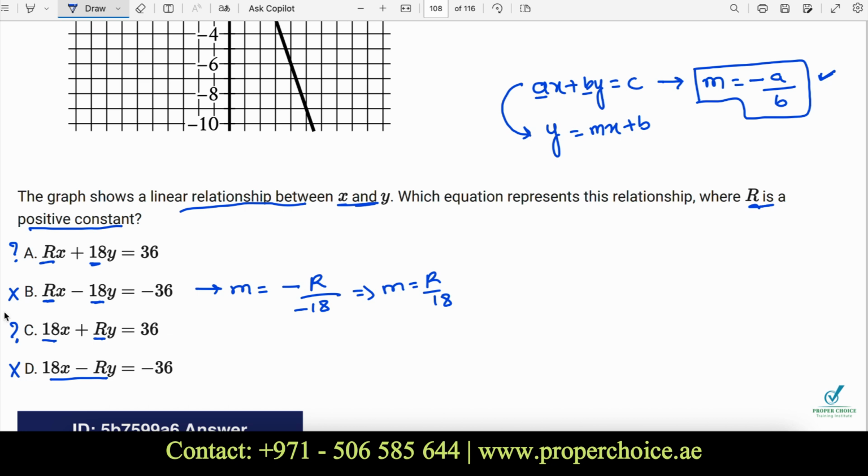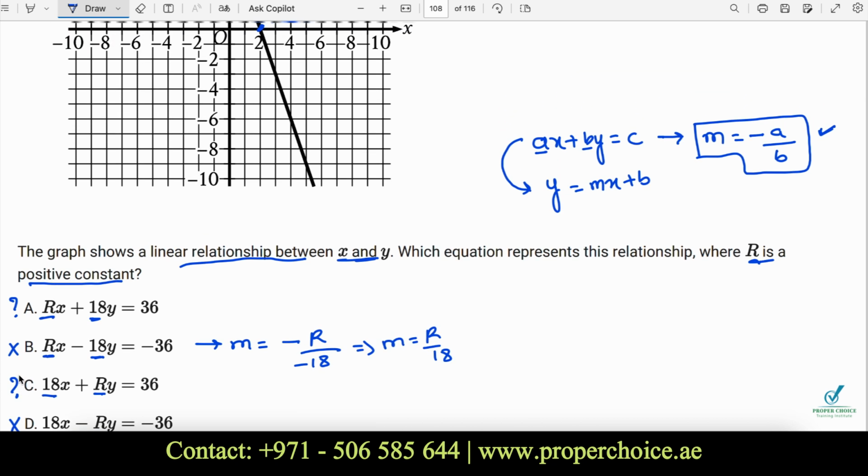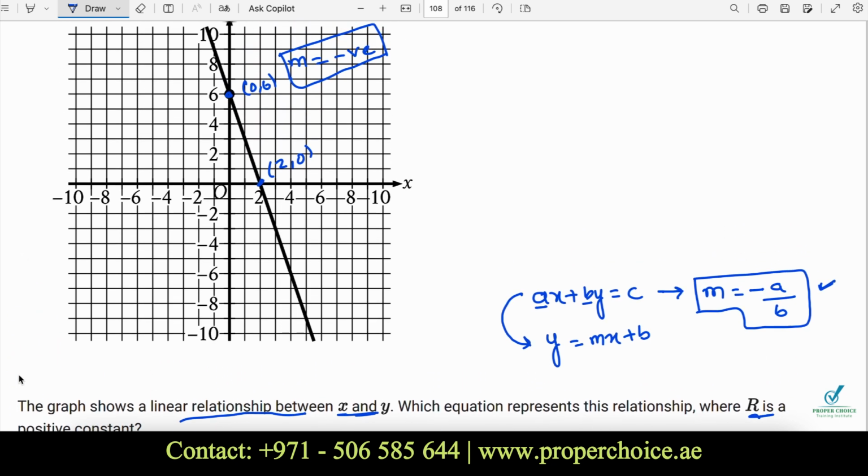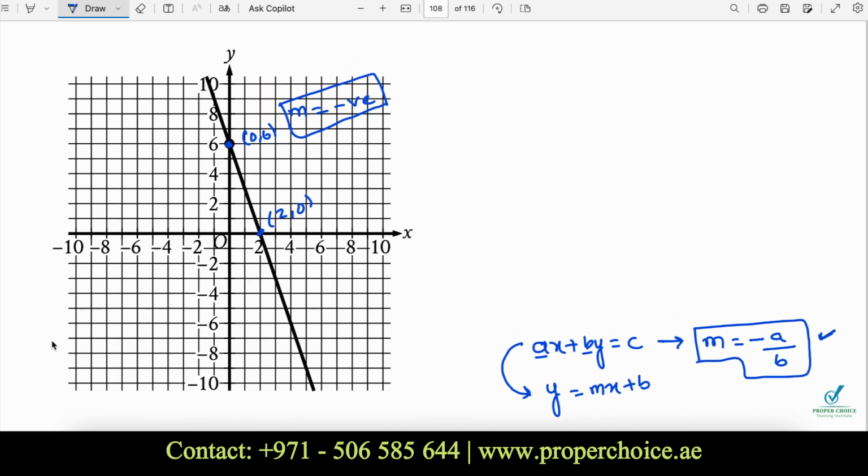Then how do we decide? Take the help of the coordinate points, find the equation in slope-intercept form, and rearrange it. As they say, the line is passing through (0, 6) and (2, 0). Now let's find the equation of the line in the form y equals mx plus b.